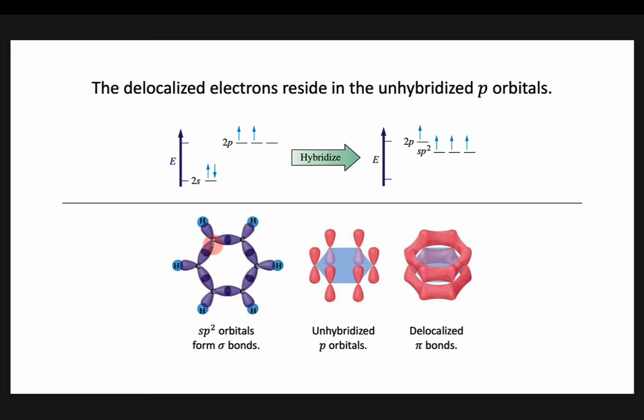So this image shows all of the sigma bonds in a benzene molecule. Now, each of the carbon atoms has an unhybridized 2p orbital. So that's what's shown in the second image. We're showing all of the unhybridized p orbitals in our carbon atoms.